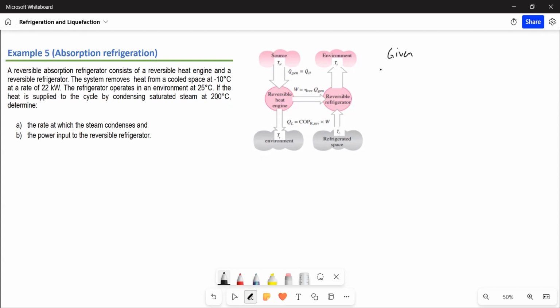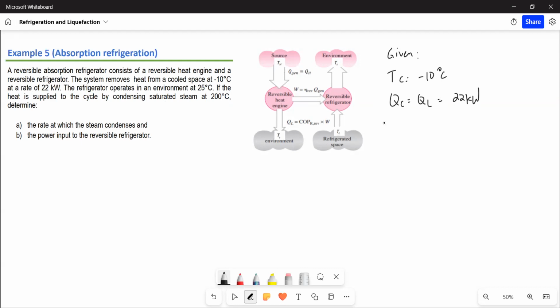Okay, given is TC, that's right here. TC is negative 10 degrees Celsius, at a rate of 22 kilowatts. QC, that's here, QC equal to QL equal to 22 kilowatts.